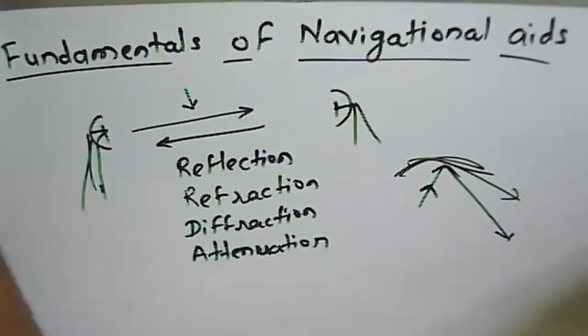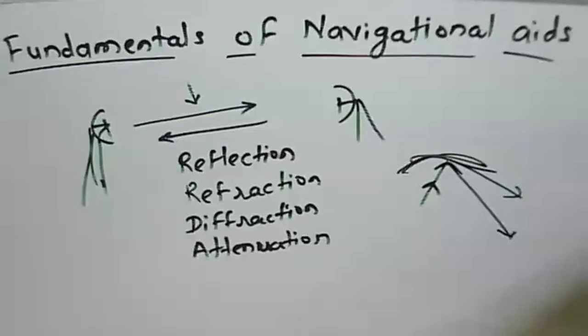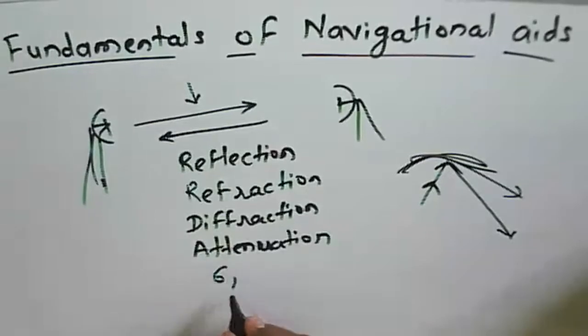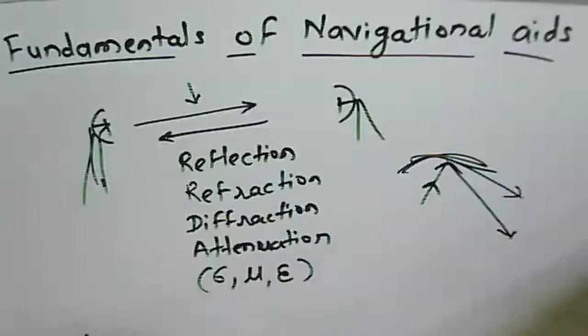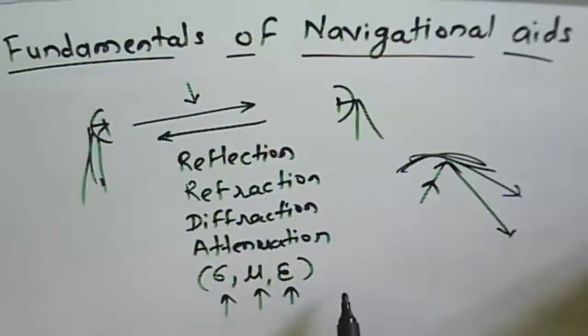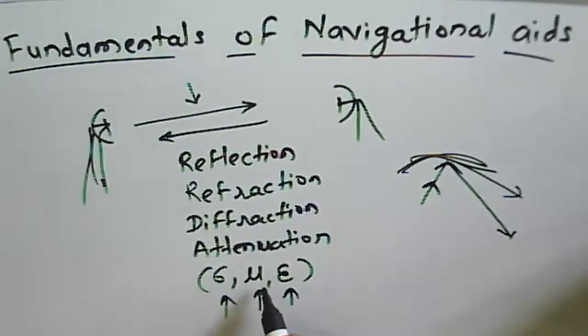What are the medium constants? They are nothing but the conductivity of the given medium, the permittivity and the permeability. We need to know about these constants: sigma is conductivity, mu is permeability, and epsilon is permittivity.